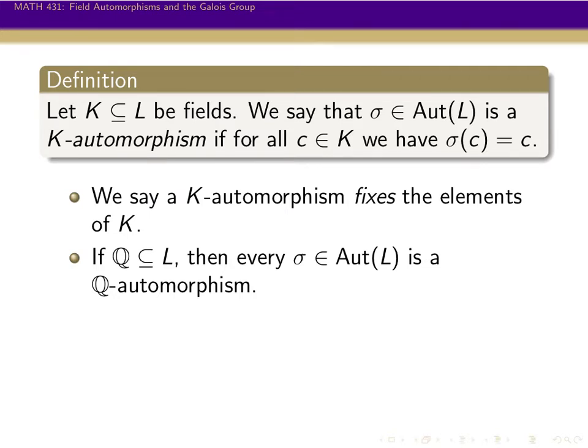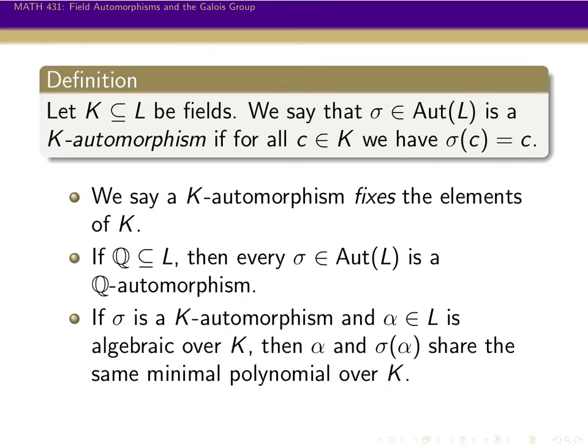And so when we're thinking about automorphisms, every automorphism is really a Q automorphism. If sigma is a K automorphism and alpha in L is algebraic over K, well, then since sigma is a homomorphism, this means that alpha is going to be sent by sigma to some other element that has the same minimal polynomial as it. So alpha and sigma of alpha will share the same minimal polynomial over K.